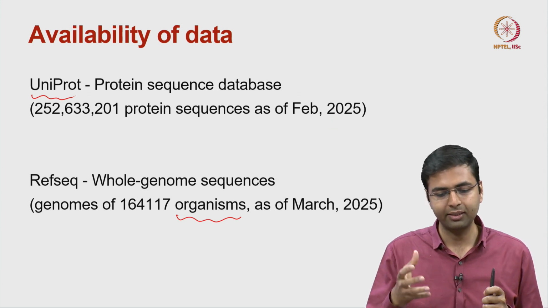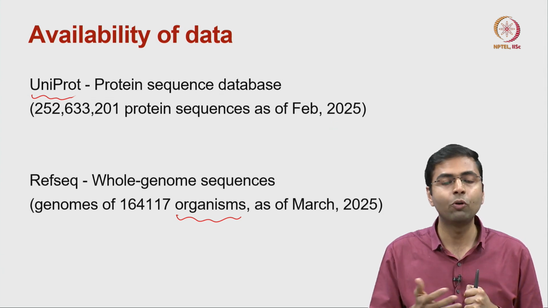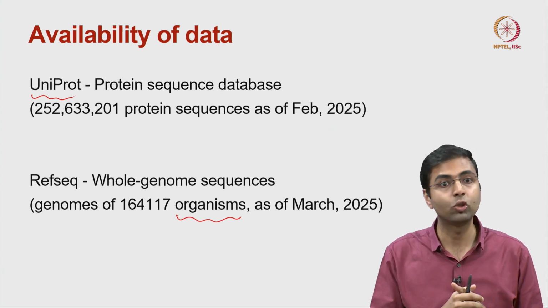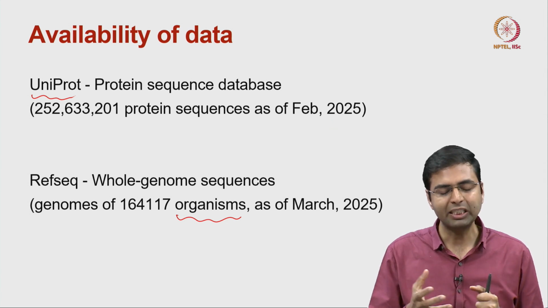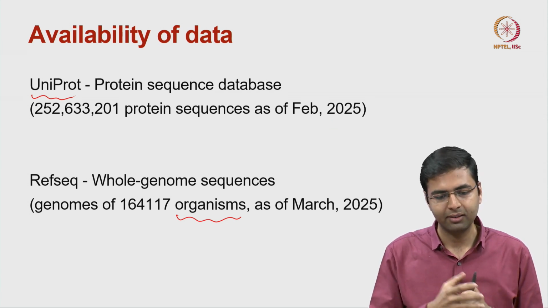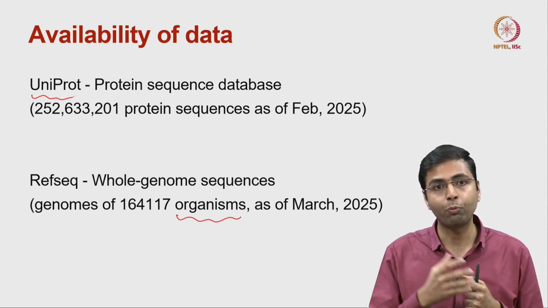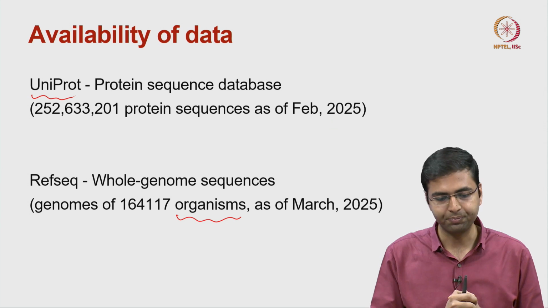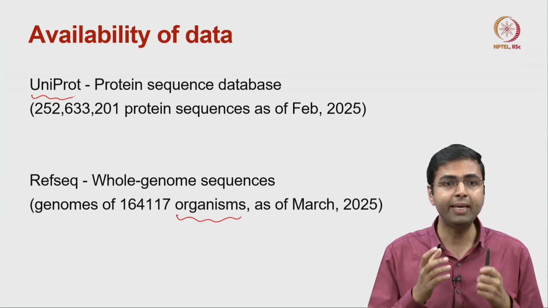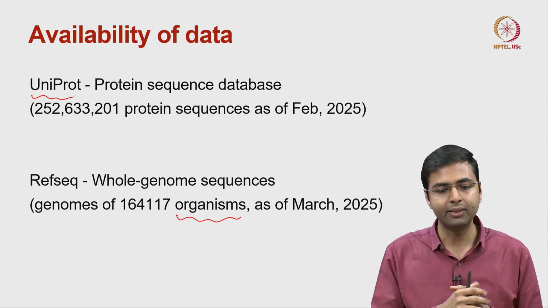For example, there would be a large number of bacterial genomes, viral genomes, plant genomes, animal genomes and so on. So given this vast amount of data, one can ask, can we train language models on protein sequences or DNA sequences as well? There have been many research articles that have shown that training on these sequences can also help in downstream applications.